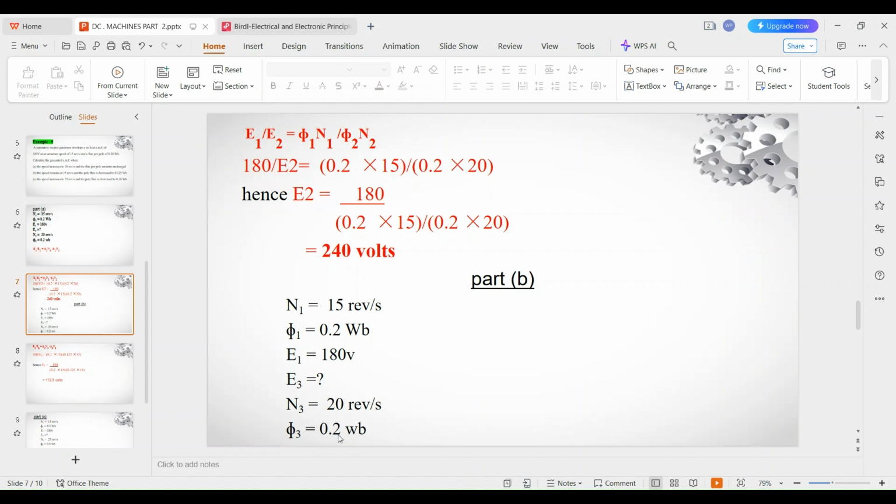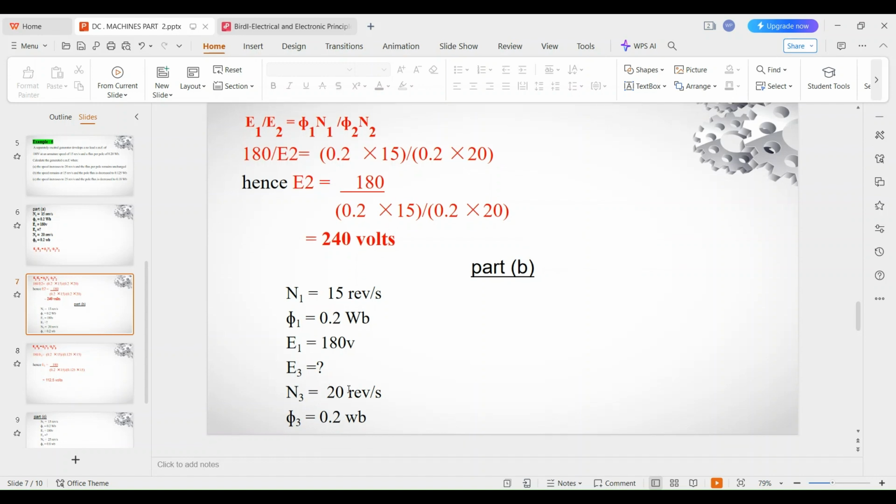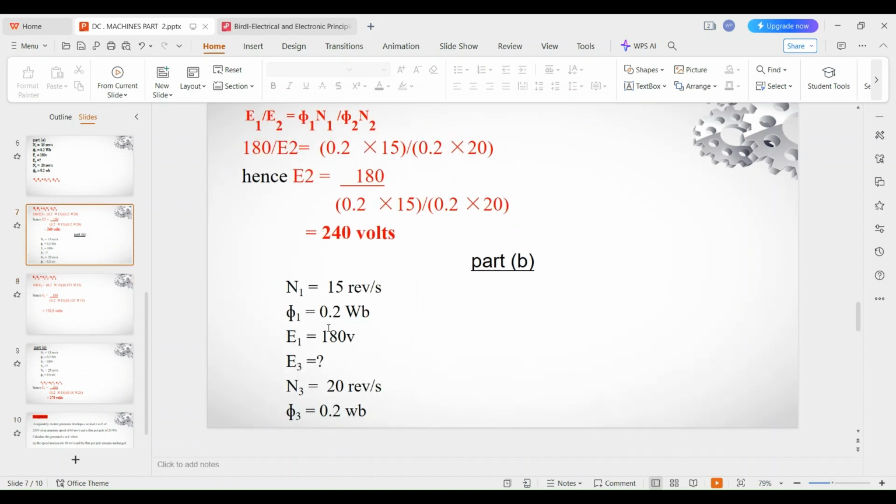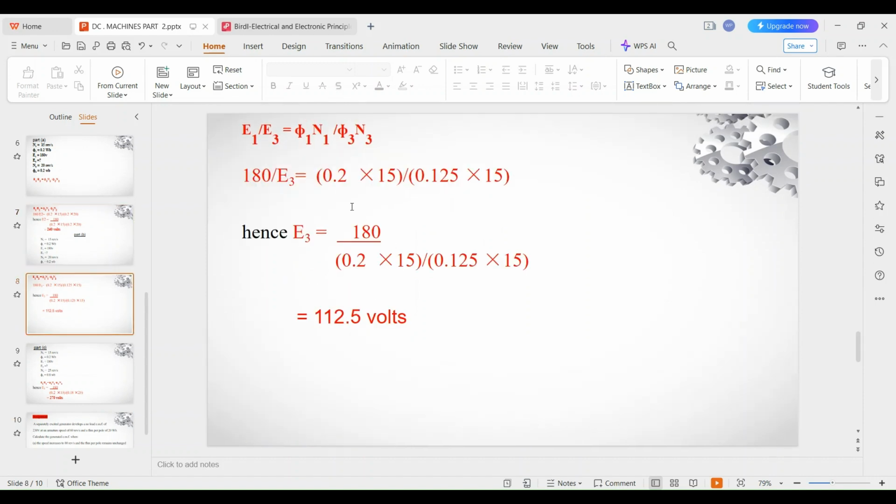So I can see that the speed never changed, but let me check in the example whether it changed. Part B, yes, it's here. So E1 remains unchanged, we are looking for E3. Flux per pole and speed remain unchanged for E1, but for E3, flux is equal to 0.125 and the speed is 15.